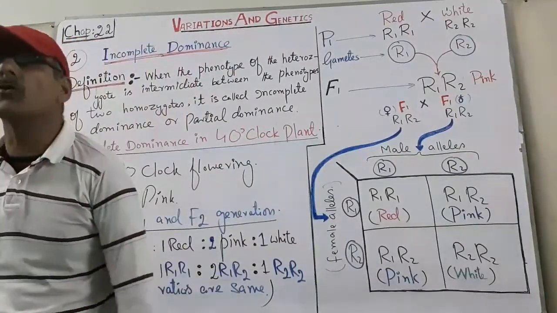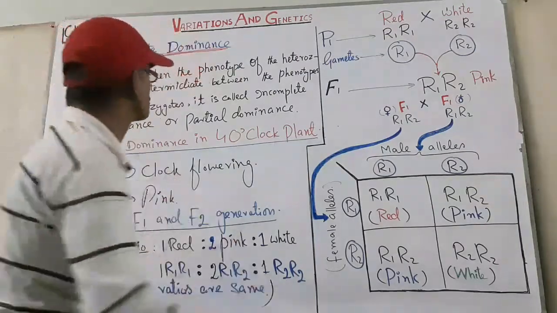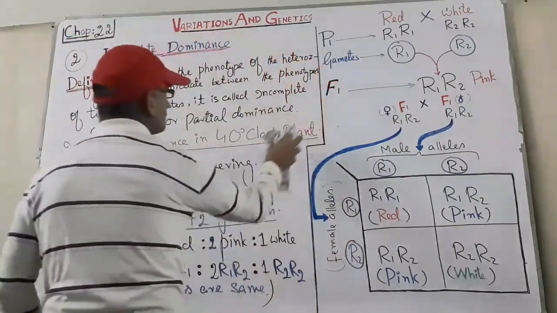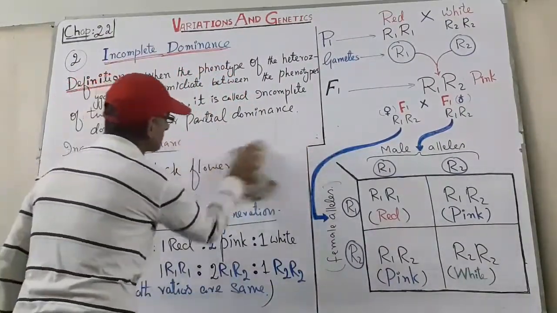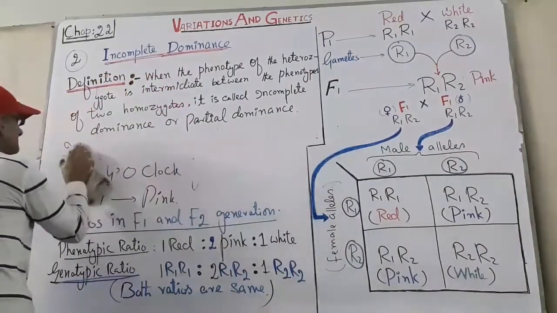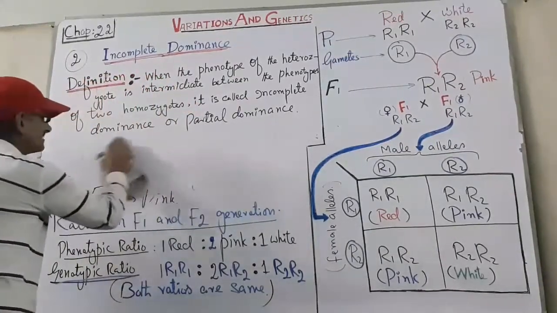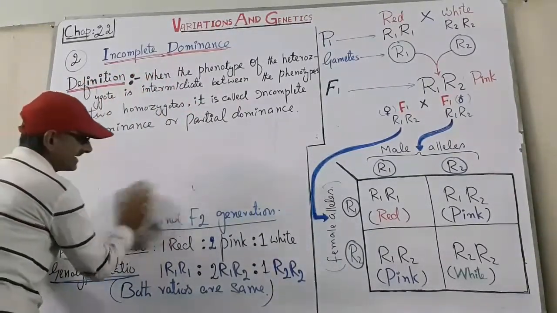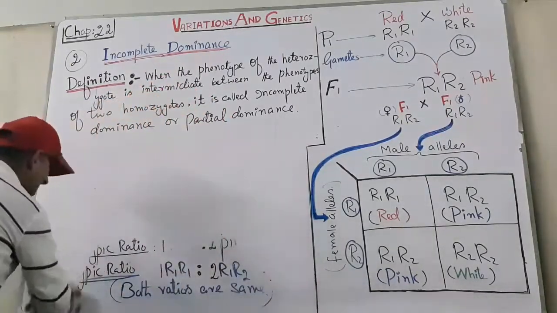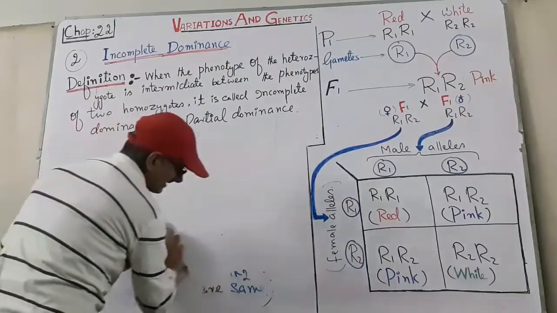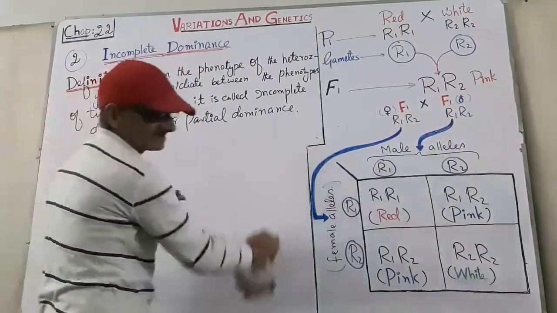And now we discuss letter distinction. In complete dominance, the dominant allele is designated with a capital letter, and the recessive allele is represented by a small letter.